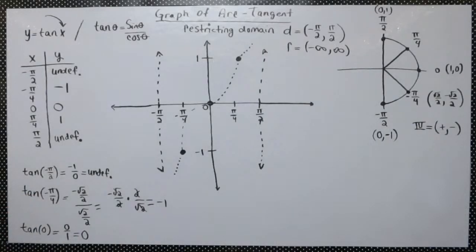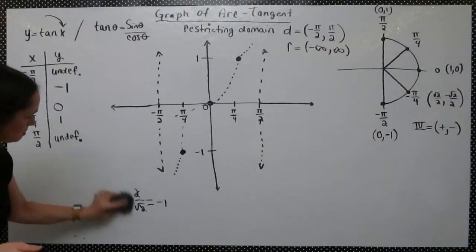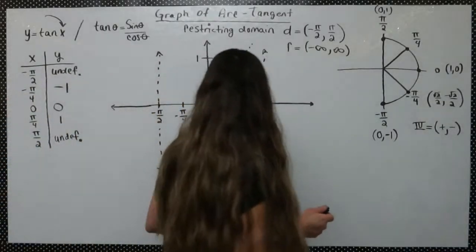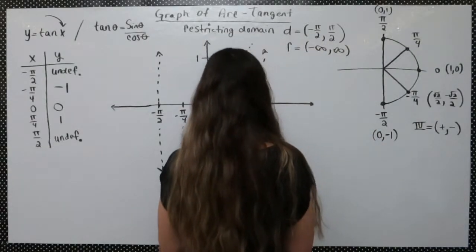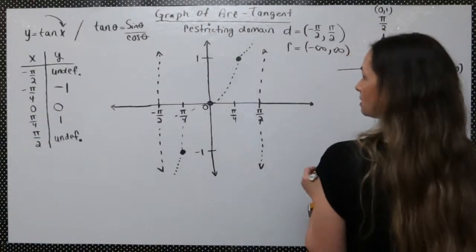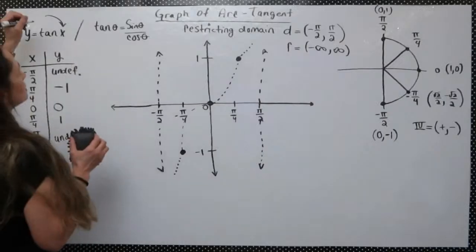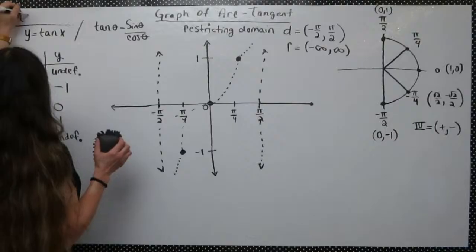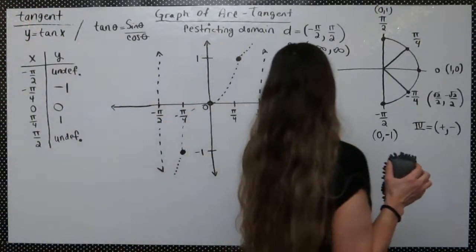So let's see. I'm going to erase some of this, because I'll need that space down there in just a second. I'm going to stop that graph about right there. Try to stay organized. All right, so arc tangent now. I'm going to go ahead and put it here. So this was tangent, and we're going to put arc tangent over here.